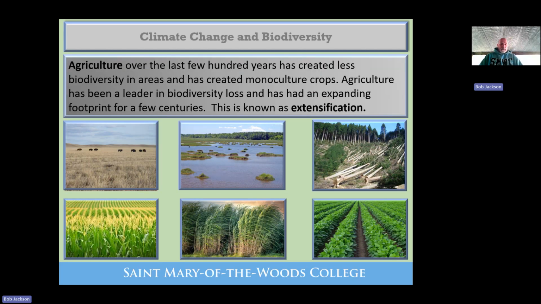Okay, agriculture. Agriculture has been taking place for hundreds of years. Of course, it has made life possible as we know it. However, agriculture creates a condition, what we'd call a monoculture.